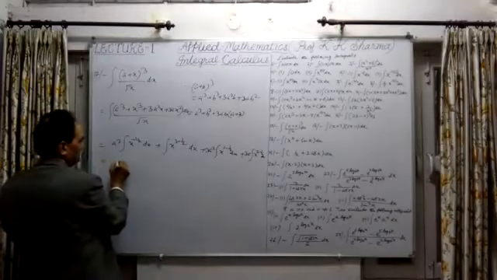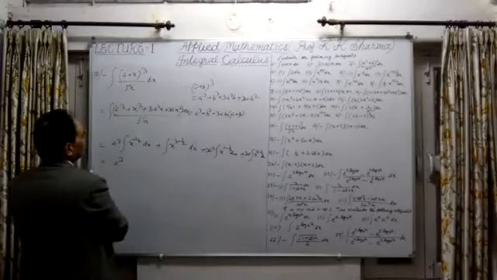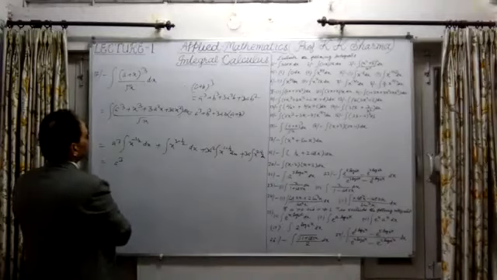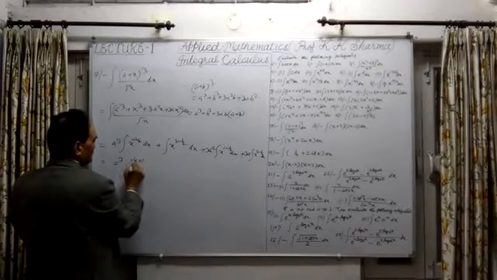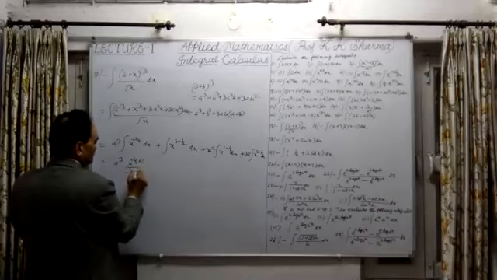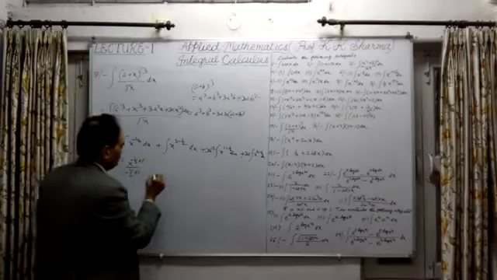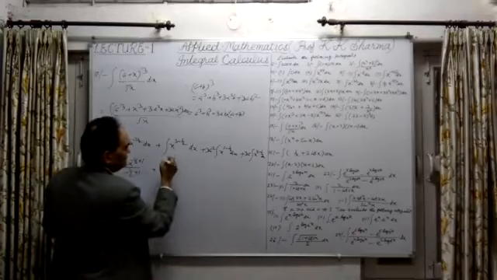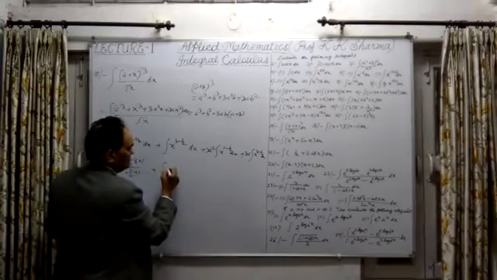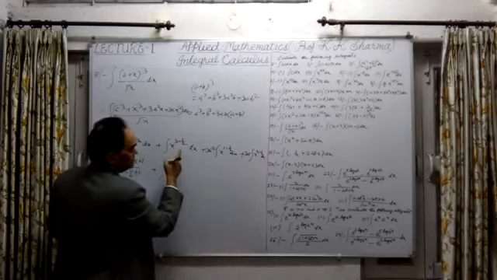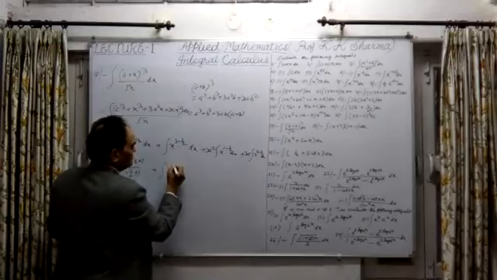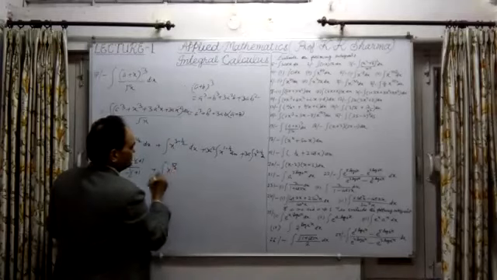Okay, so let me write them as a cube. x to the power minus half can be integrated. Let me first write the power of each. What is x to the power 3 minus half? It will be 3 minus half, that is 5 by 2, positive.